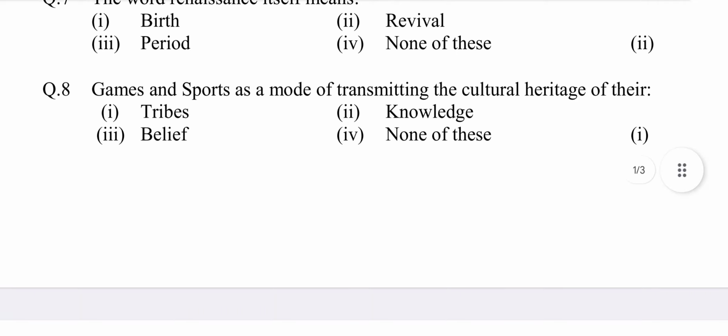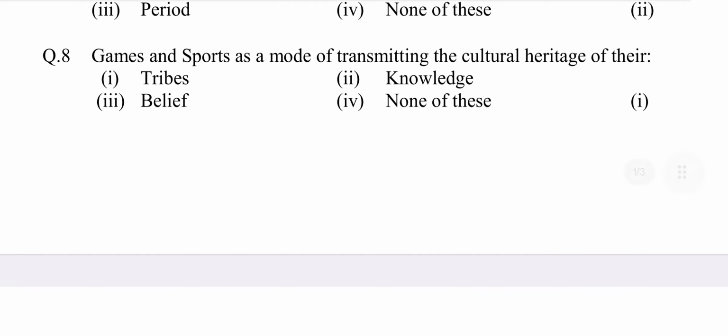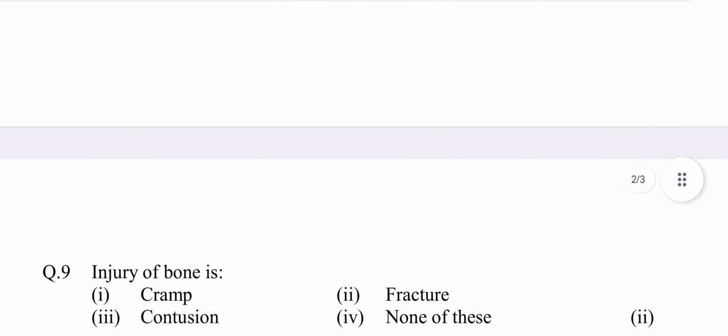Question number 8. Games and sports as a mode of transmitting the cultural heritage of their: option first tribes, second knowledge, third belief, fourth none of these. Answer is option first, tribes. Question number 9.